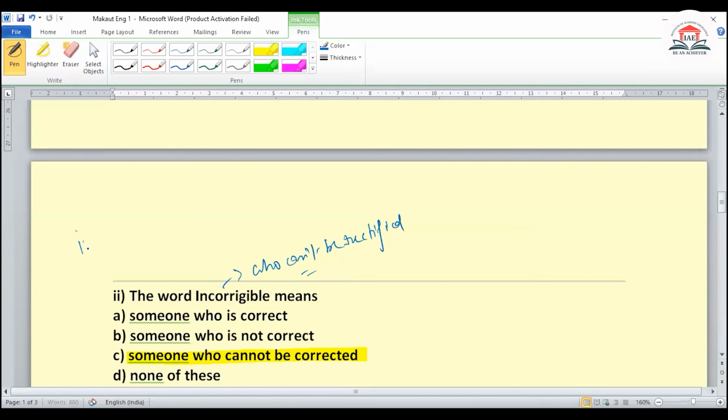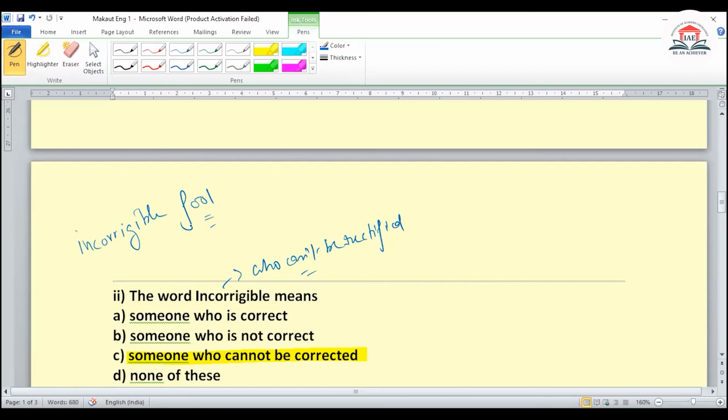When we say incorrigible fool, how is a fool? The fool is such a fool that he cannot be made sound in knowledge and in intellectual perspective.